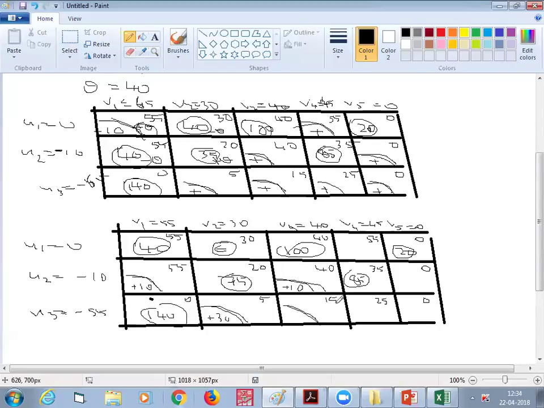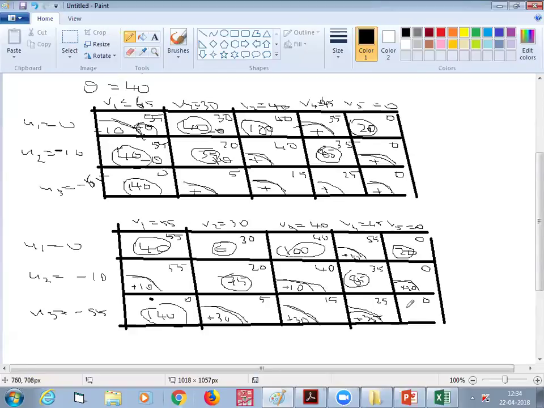Here 15. 15 minus 55 is 70. 70 minus 40 is plus 30. 55 minus 0 minus 45 is plus 10. 0 minus 10 minus 0 is plus 10. 25 minus 55 is 80, minus 45 is 35, plus 35.